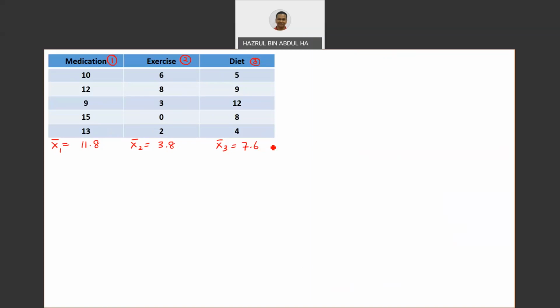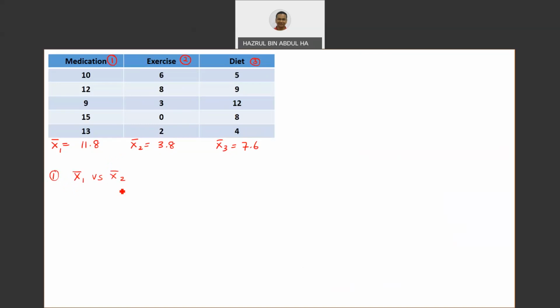We already obtained all this information in the previous lecture, and now to use the Tukey test, you have to calculate the test statistic Q for each pair.